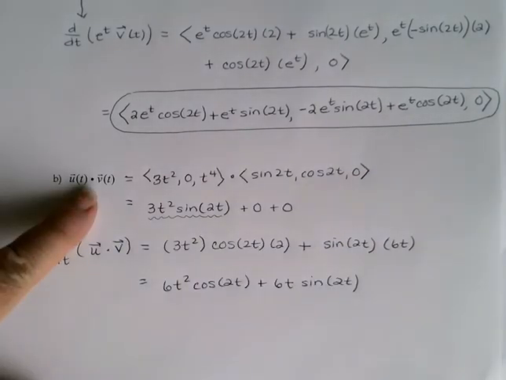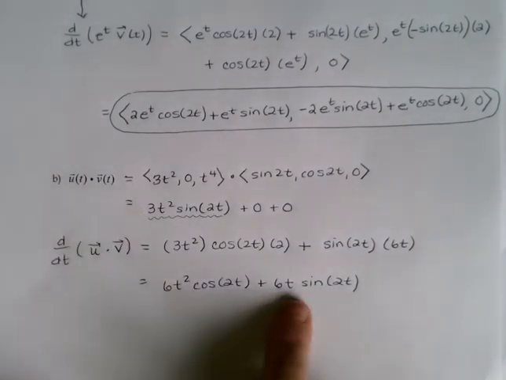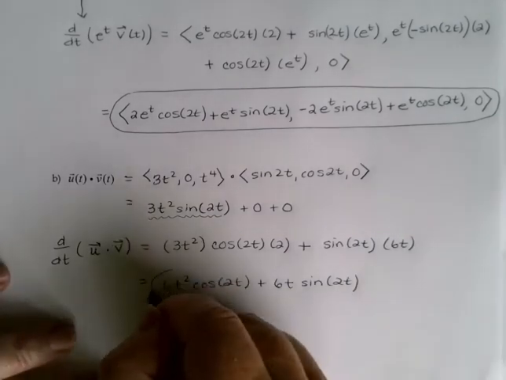And notice again, the dot product of two vectors is a scalar, so not surprisingly, the derivative is also a scalar.